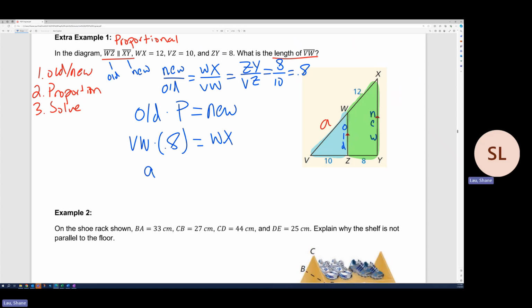VW we said was A, times 0.8 equals 12. Divide by 0.8 on both sides. We're going to get A equals 15. And that is our answer. But by technicality, let's go ahead and say VW equals 15. And that's that answer.